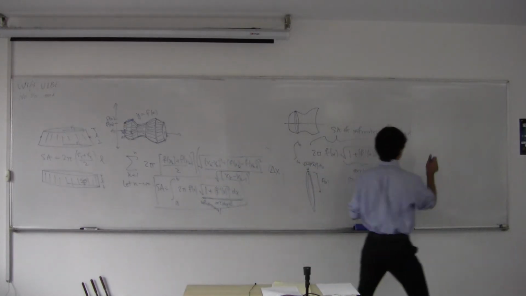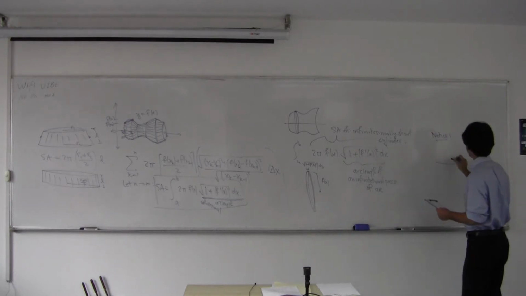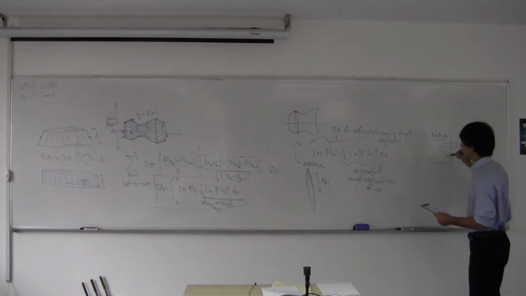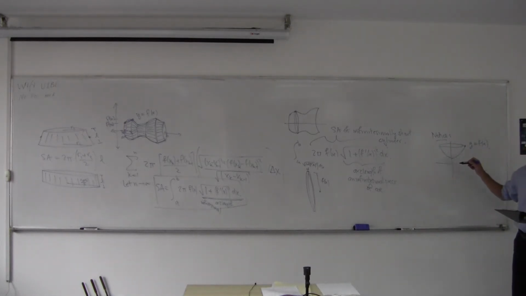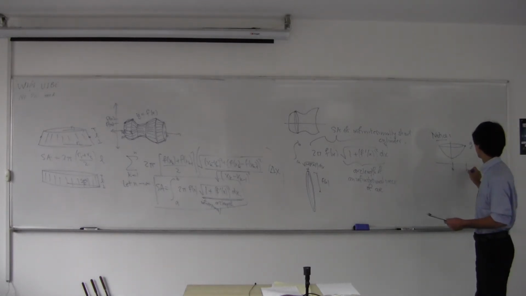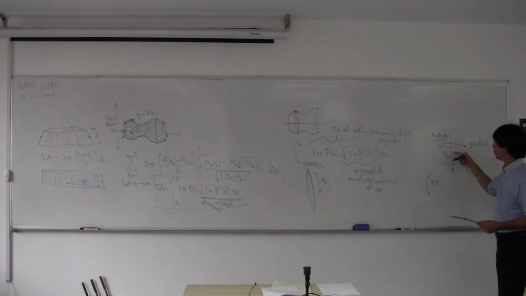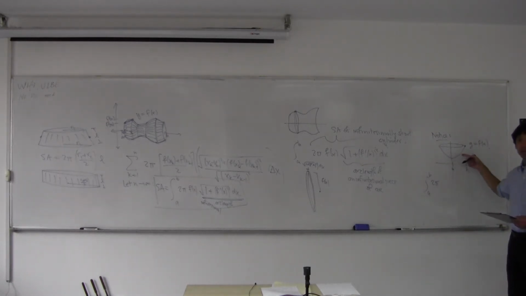Let me make one observation. Notice, if we had y equals f of x again, and instead of rotating it around the x-axis, we rotated it around the y-axis, then the surface area from a to b would be the integral from a to b of 2 pi, and what's the radius now? x.